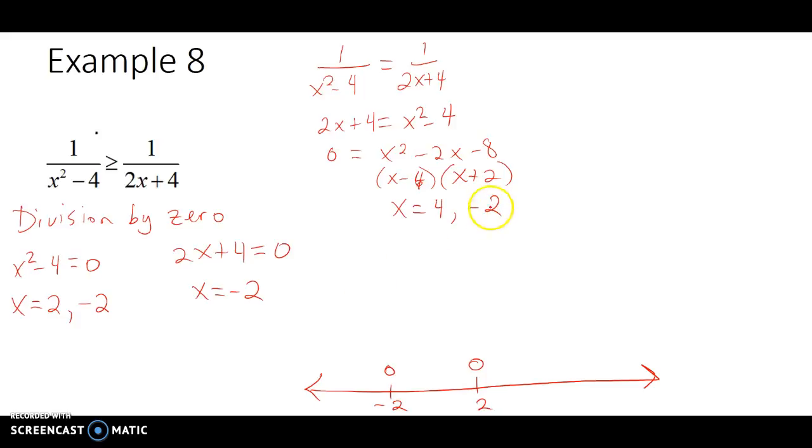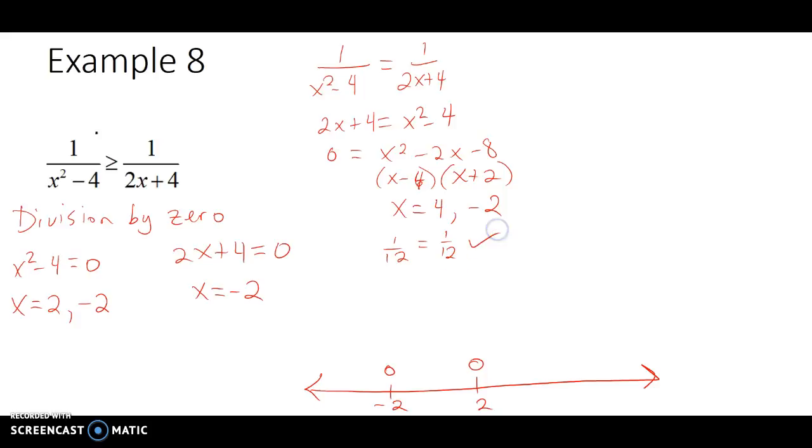Remember, we've already considered negative 2, and we know that can't be. X equals 4, if we consider that, check it. 1 over 16 minus 4, so 1/12, does equal 8 plus 4, 1/12.